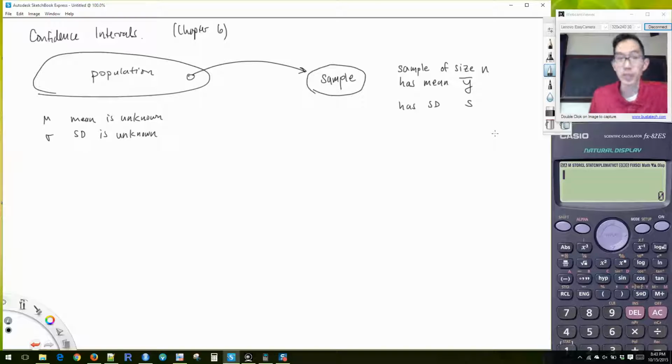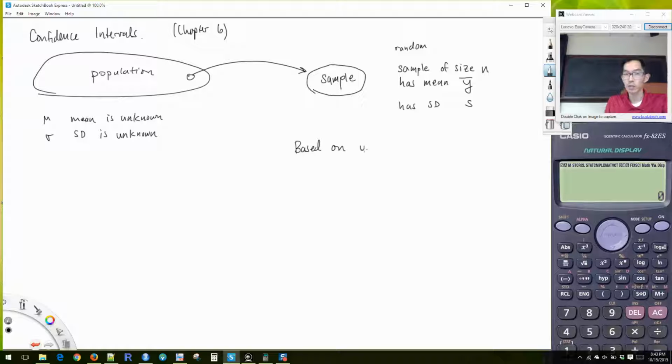And we want to say, well, I don't know the mean of the population, I don't know the standard deviation of the population. But here I've got a random sample. And based on what I see in my random sample, can I make a conclusion about, in particular, the mean of the population?